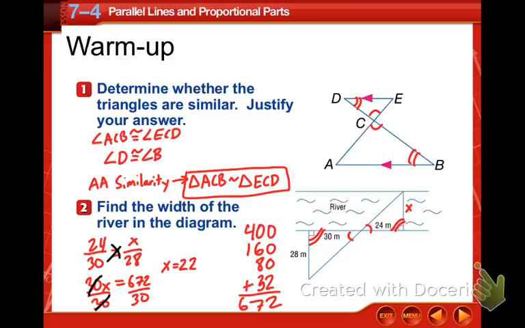So we get 60. 72 minus 60 is 12. So we have to bring a 0 down. We have a decimal. And 120 divided by 30 is 4. An even 4 at that. So this is 22.4 meters. And that's our answer.